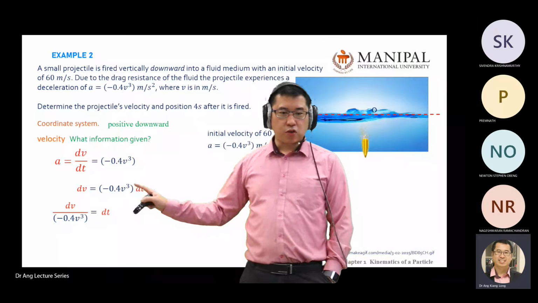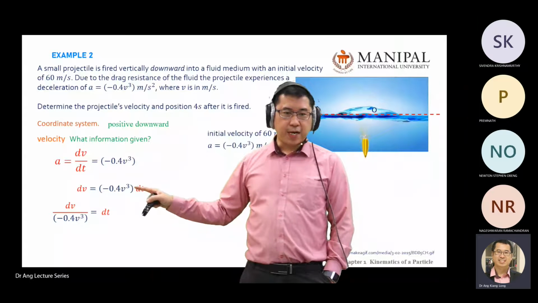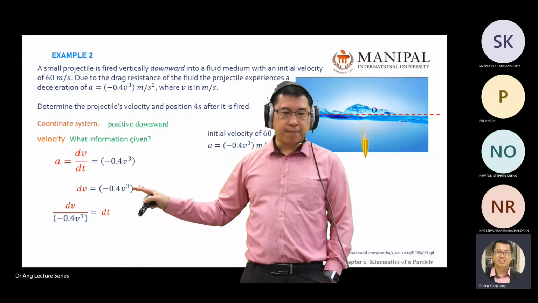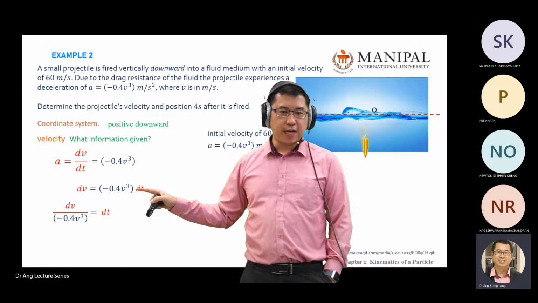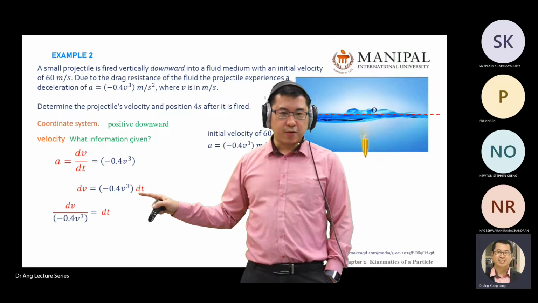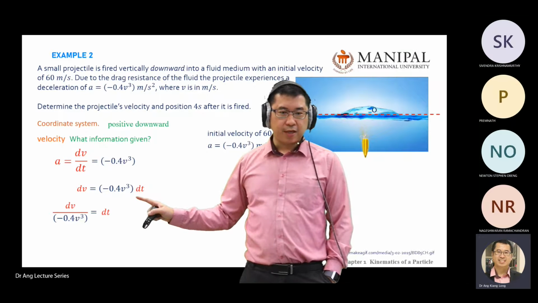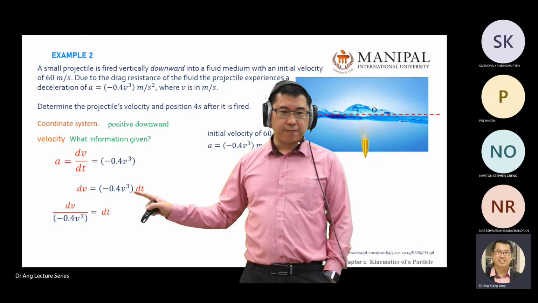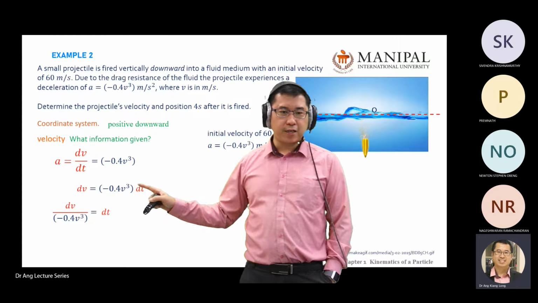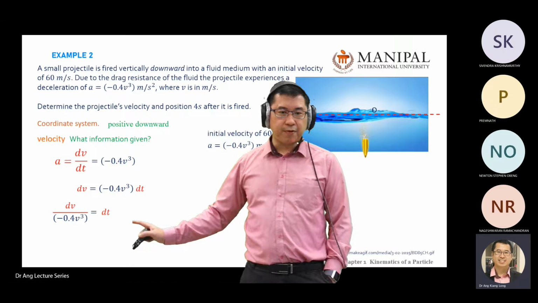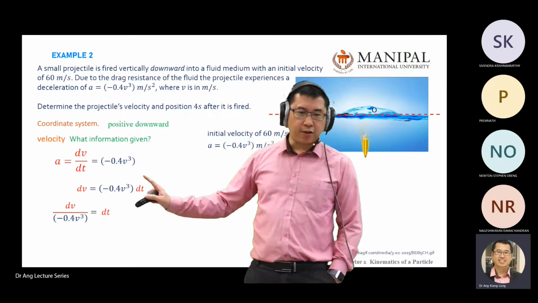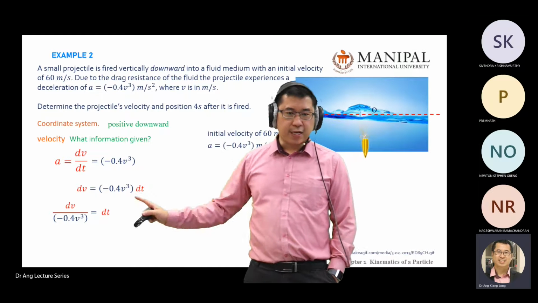So these two, the bracket and dt, are in a multiplication relationship. When you move it from the right hand side to the left, it is inverted. On this side it is multiplication, and when you move it to the left, it becomes divide.